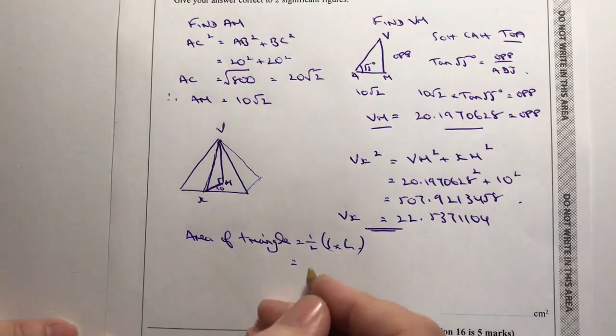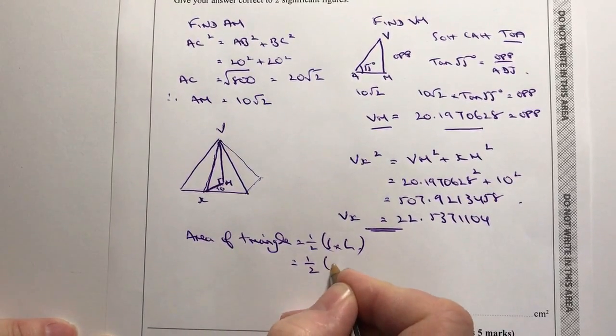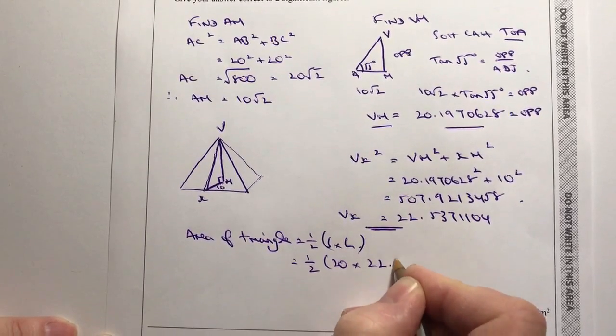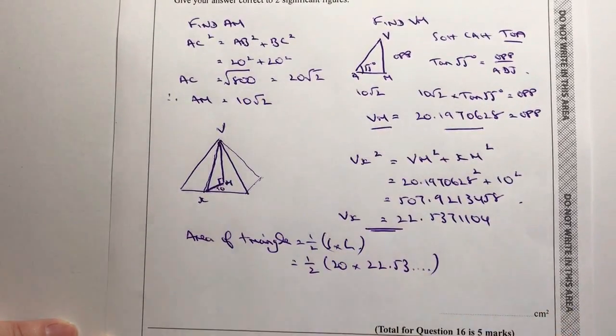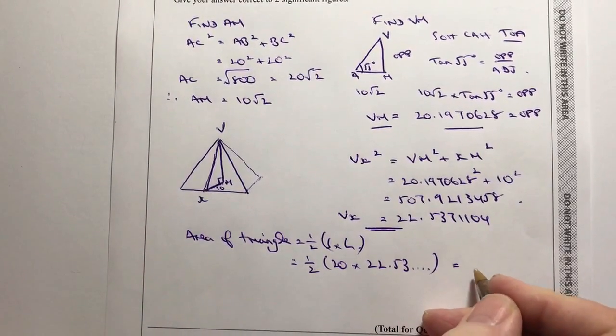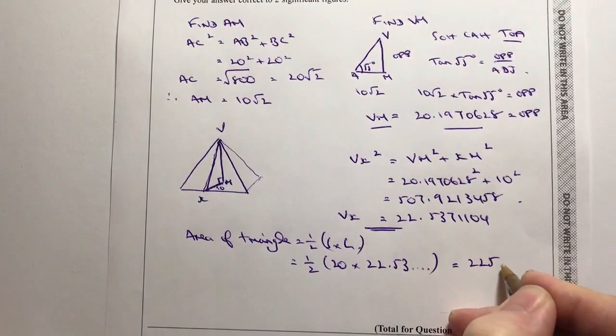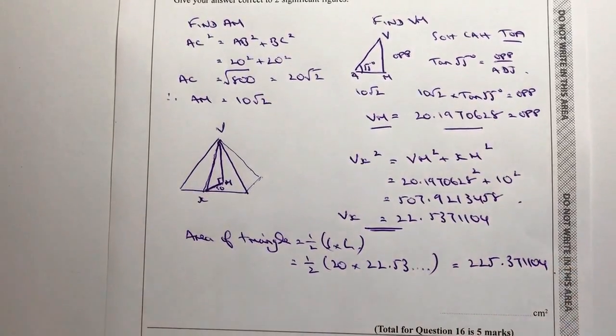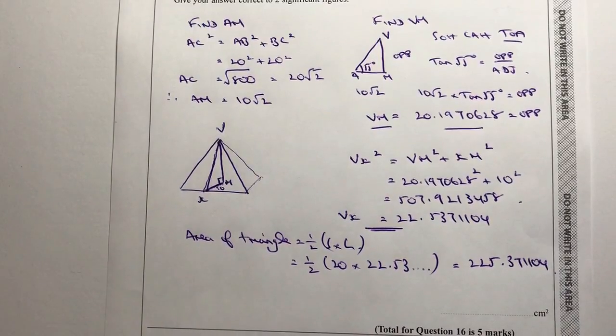Okay, so I'm going to get a half, base is 20, multiplied by the height, 22.53... Okay, and once I put that into my calculator, I'm going to get finally an area of the triangle of 225.371104. Okay, and then it's really a matter of saying, well, actually I've got 4 of them plus the area of the base that we worked out before.